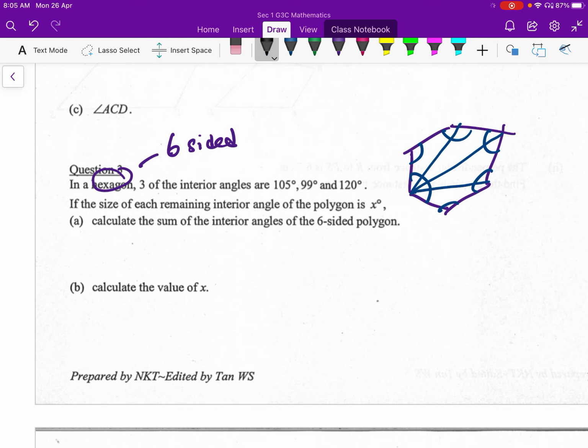So that brings us to the formula for the sum of the interior angles. Angle sum equals 6-sided minus 2, then we get 4 triangles. 6 minus 2 gives us 4, then multiply by 180 degrees. So we get 4 times 180, 720.